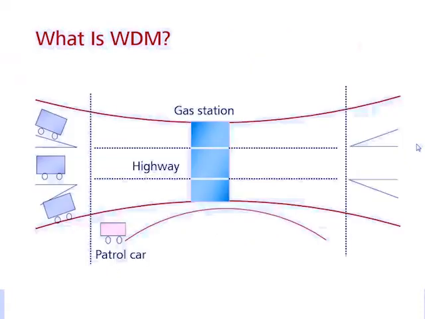After we know the advantages of WDM, let's see what WDM is. We have a flash for you to show the structure of a WDM network. In this flash, you can consider all these gray colored cars as customer service.